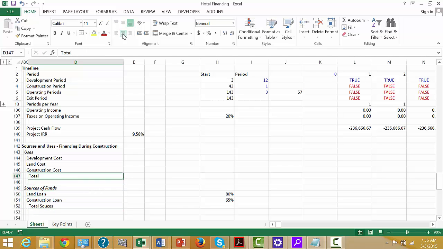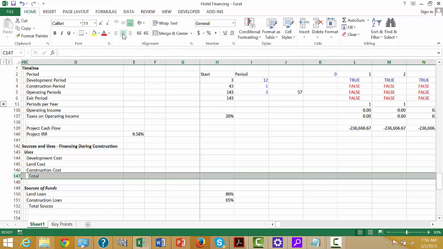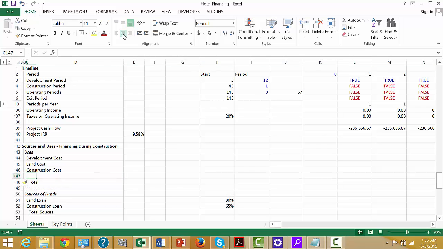Now, here's the real problem. Under uses, one of the other uses will be the interest during construction. What that will mean, I'll just tell you right now, this 80% is 80% only of these numbers.